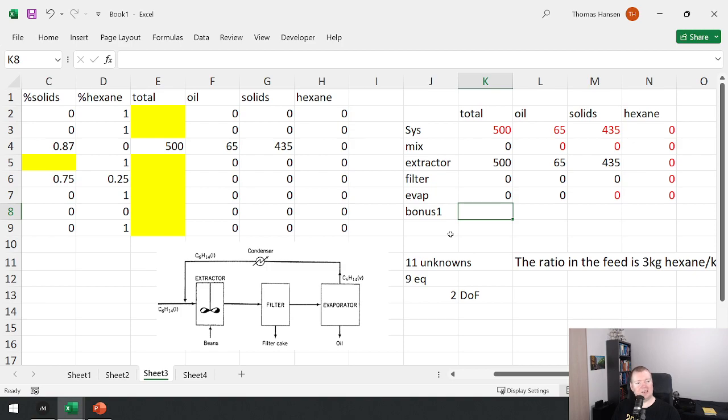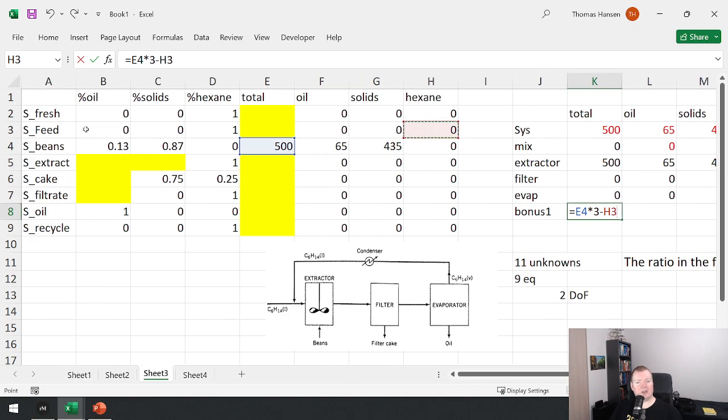Well, basically it means that if I take my mass of beans and multiply it by 3, I need 3 times as much hexane. So if I take the mass of my beans and multiply it by 3, and I subtract the amount of hexane fed into my extractor, if that gives me 0, then I am happy.